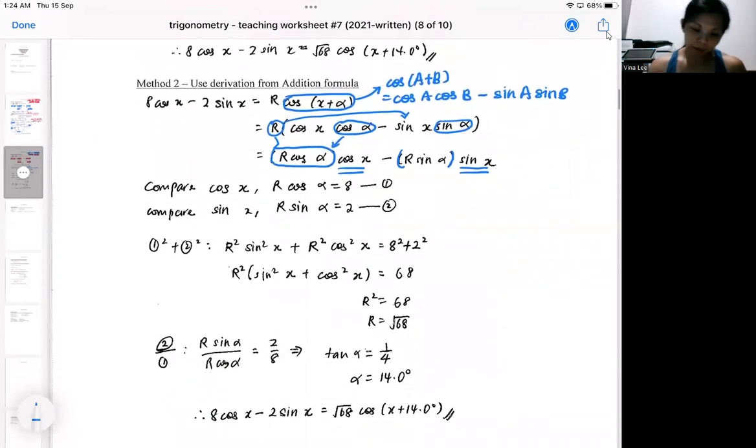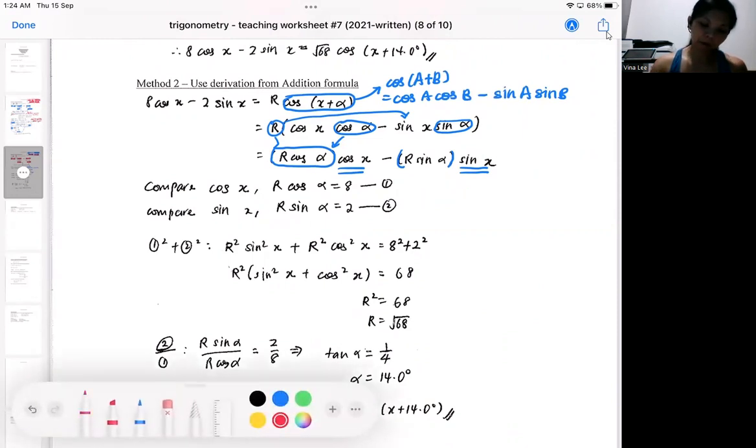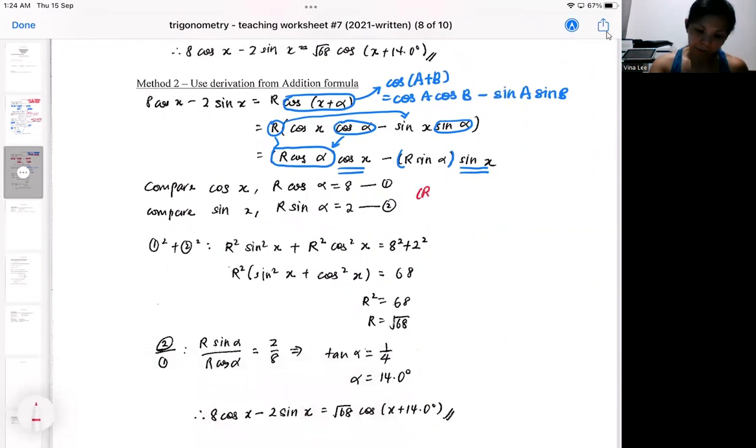In any case, if you have difficulty comparing, you can put it this way. You stack it up, and you compare on the left side.